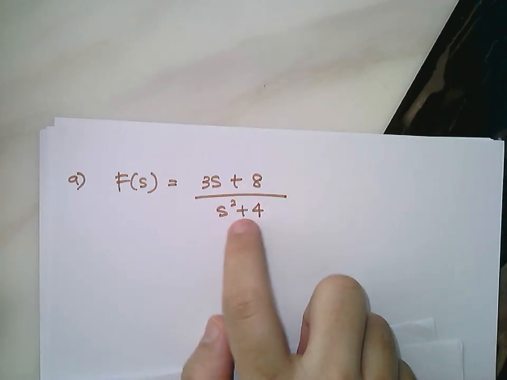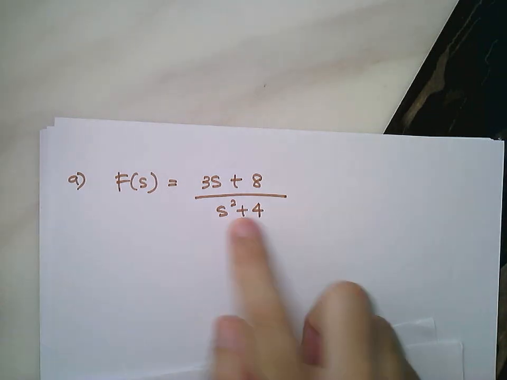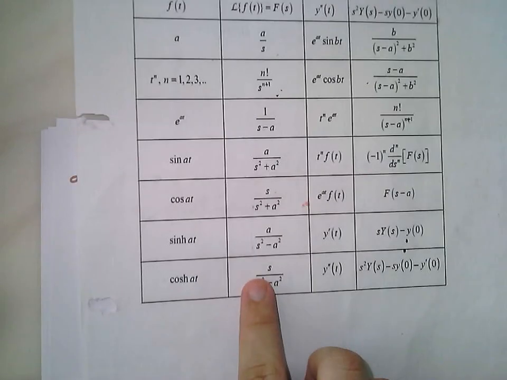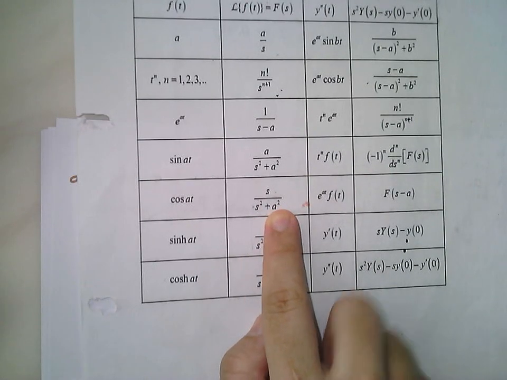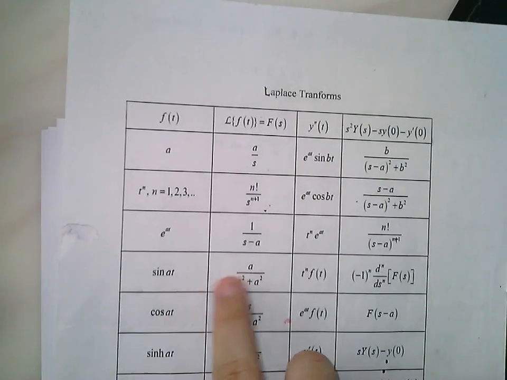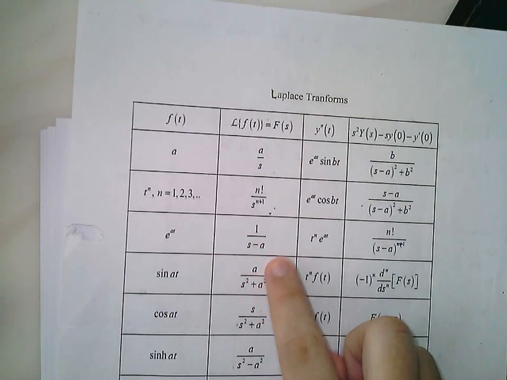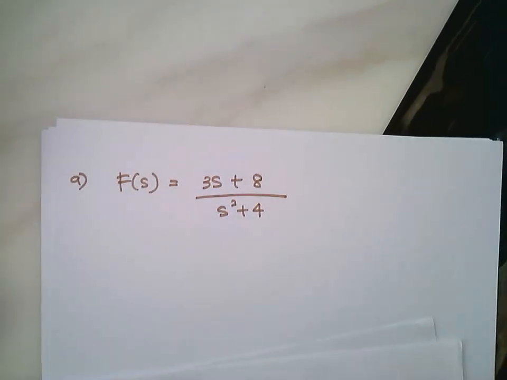For the denominator, you don't have any problem, because in the table of Laplace transform we have s squared plus a squared. But for the numerator, this is s, and for this one, this is a. There is no such thing as s plus a or s minus a for the numerator. So that's why we need to apply the linearity property.